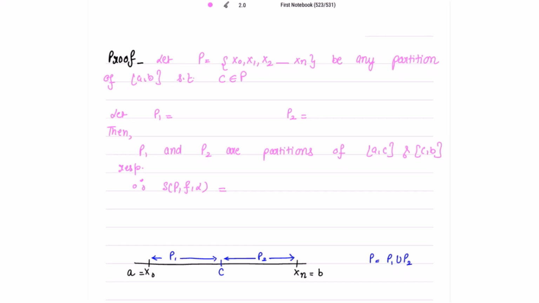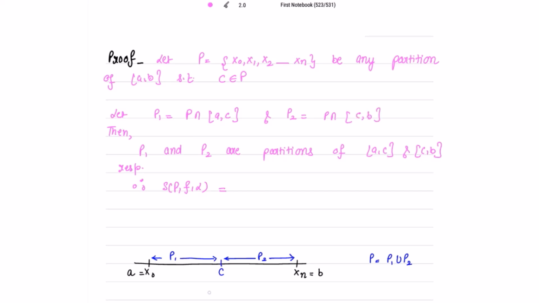The proof is: let P be any partition of the closed interval [a, b] such that c is an element of P. So let me take P1 equal to P intersection [a, c], and take another partition P2 equal to P intersection [c, b].